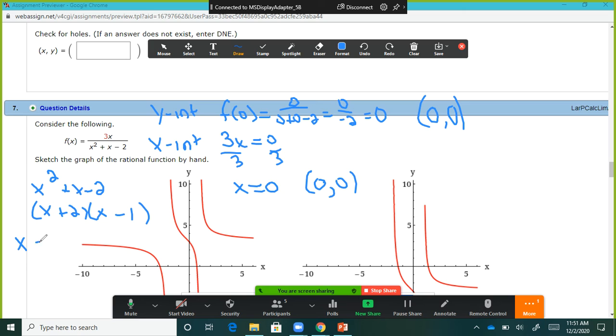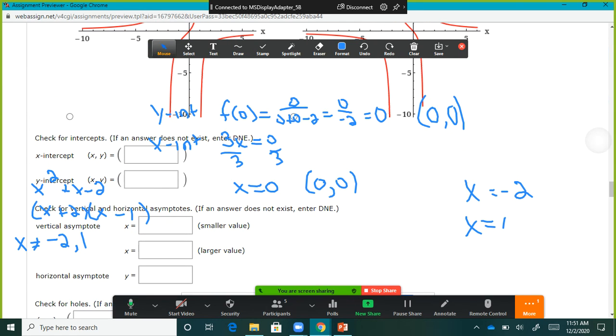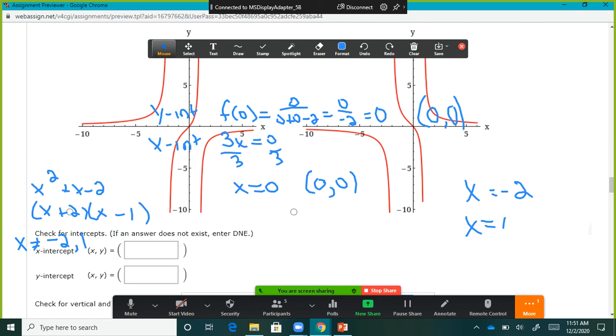X could not equal negative 2 or positive 1. So those are my vertical asymptotes at x equals negative 2 and x equals positive 1. So when I go down here, vertical asymptote, x equals negative 2, x equals 1.